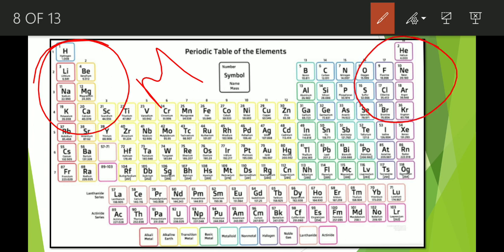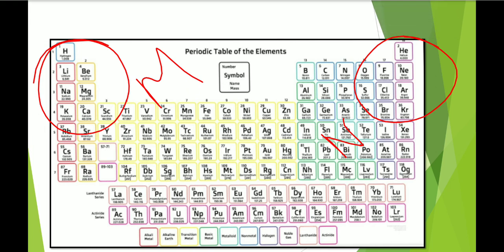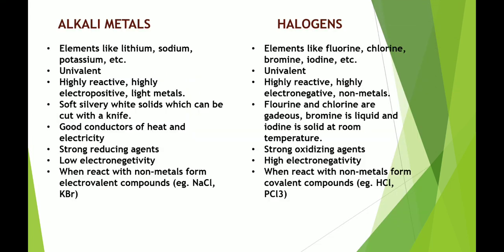And the elements present at the right of the periodic table, they are non-metals. Right? Metals means they are electropositive. Non-metals means they are electronegative. Alkali metals are present at the left of the periodic table. That's why they are metals or electropositive. And halogens are present at the right of the periodic table. That's why they are electronegative or non-metals.